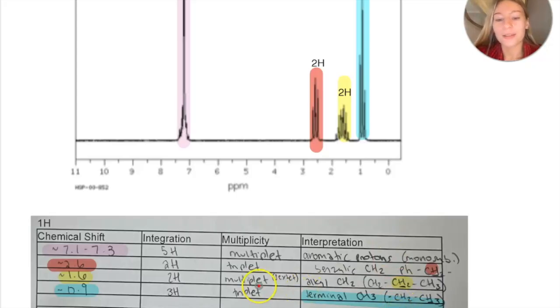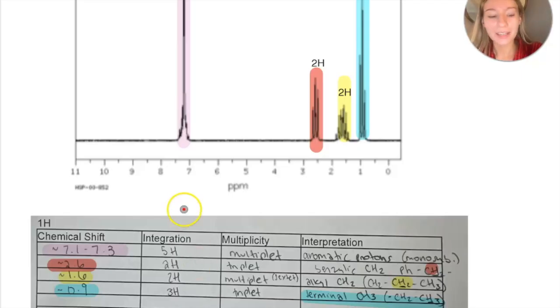And then also this one is a sextet, or ideally a sextet, but it's a multiplet. This is our alkyl CH2. We can see it has 2 on the left, 3 on the right. Add it all up, you get 6, which is the sextet. But back to 0.9, we have our 3H triplet terminal CH3.